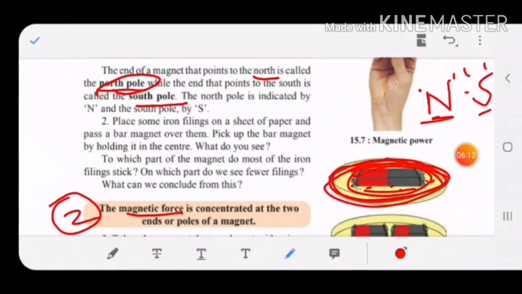Move the magnet over the filings, and pick it up after some time from the center.